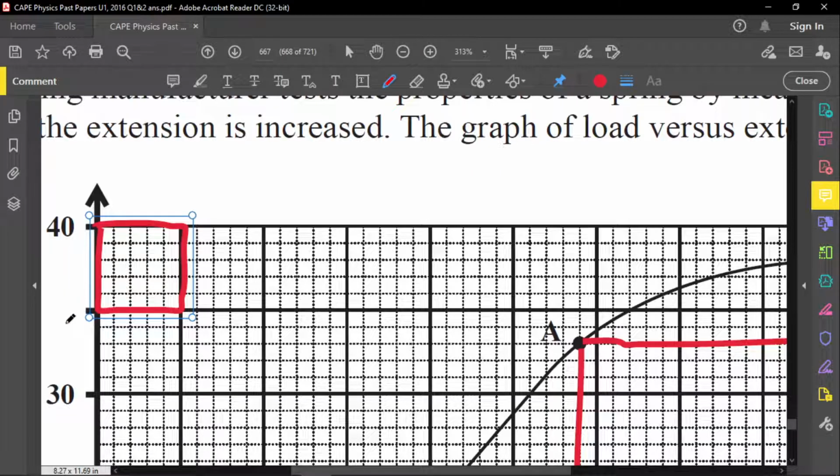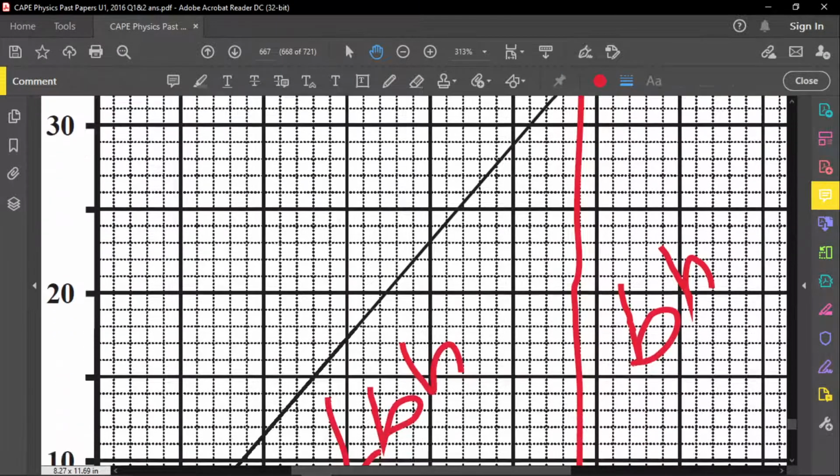From here, this will be 35 right here. So the height of a square right here is actually 5 newtons. So we know the height will be 5, but what will be the base? Let's go down to the bottom of the graph to determine that.